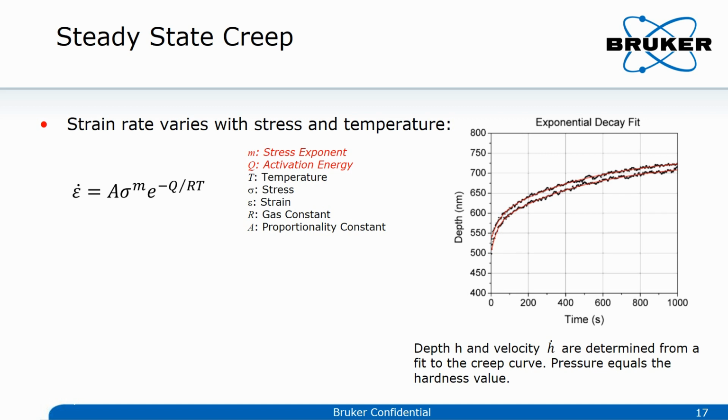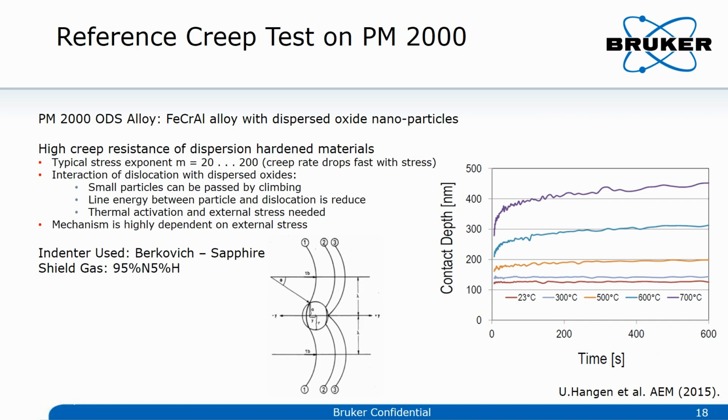We are observing the changing depths with time, where a changing depth will result in a changing hardness or stress under the indenter, and the velocity change that is observed results in the changing strain rate. This type of reference creep test is performed on the PM2000 alloy.